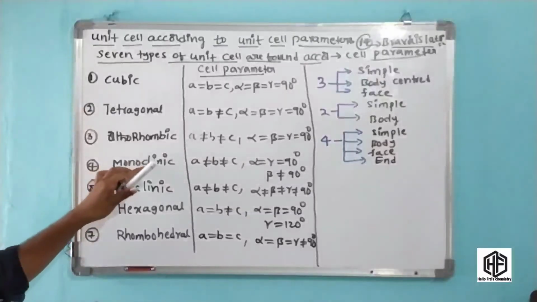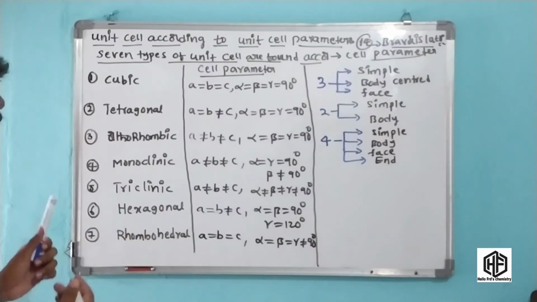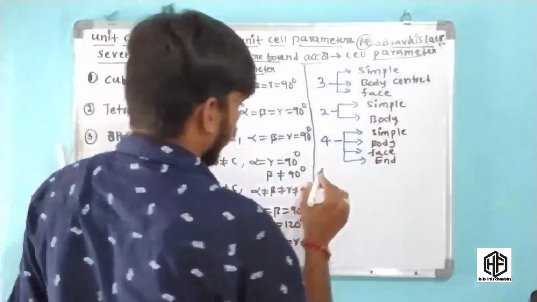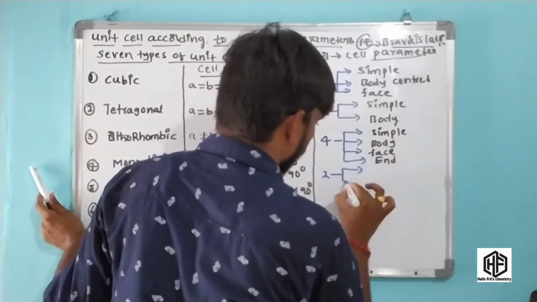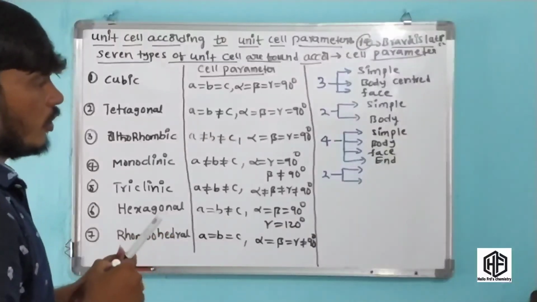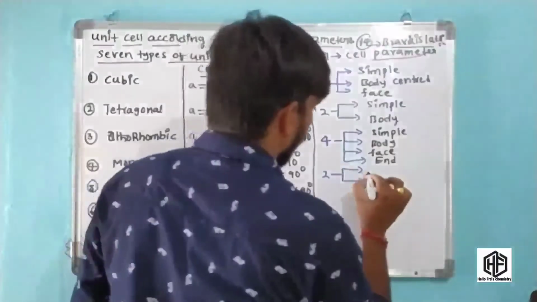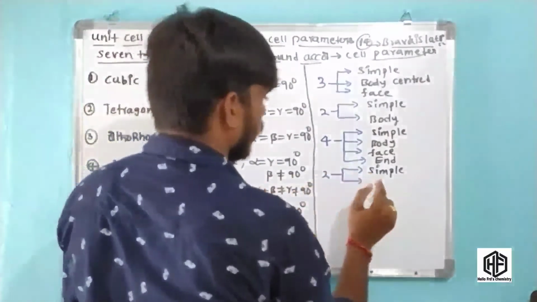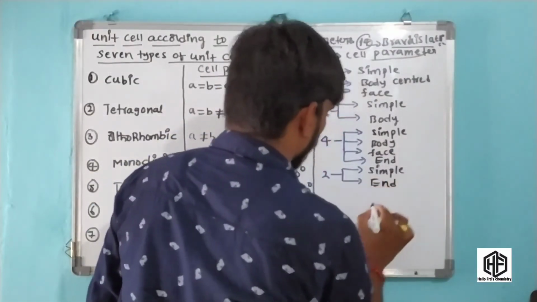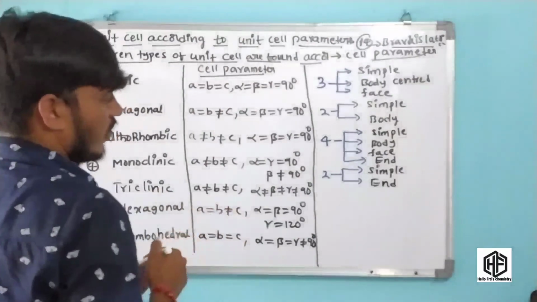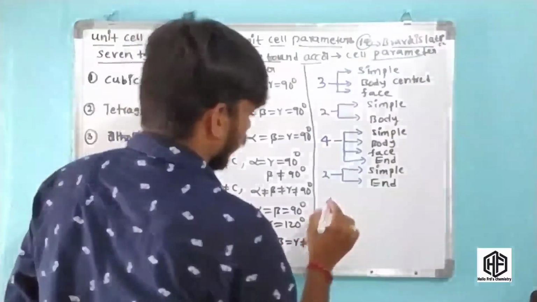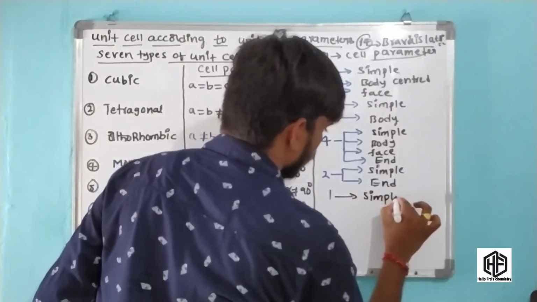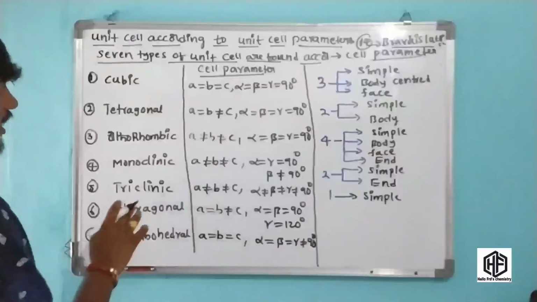And monoclinic is further classified into two categories: one is simple unit cell, and the second is end centered unit cell. And triclinic is further classified into one, called simple triclinic unit cell.